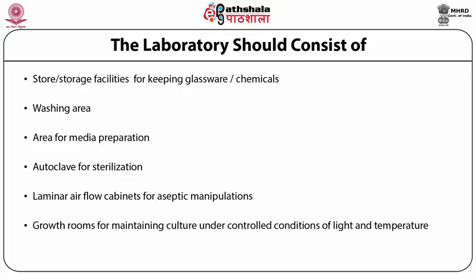So those rooms where we keep these cultures, they are called growth rooms. And finally, whatever plantlets are produced, they are to be gradually acclimatized, and therefore acclimatization area consisting of greenhouses, polyhouses, open nursery, and so on. So we'll discuss about each of these areas one by one.